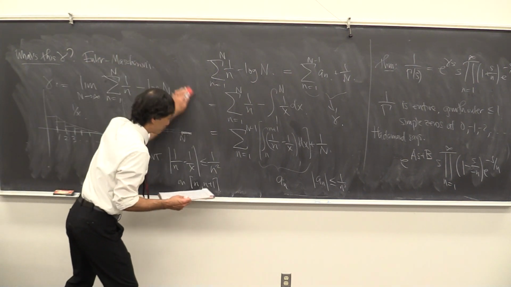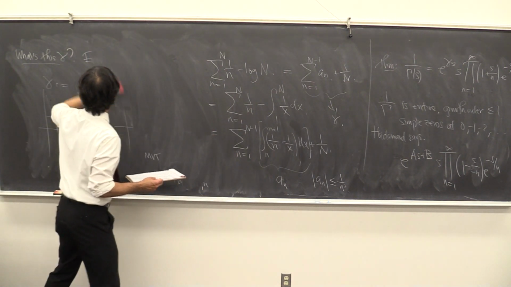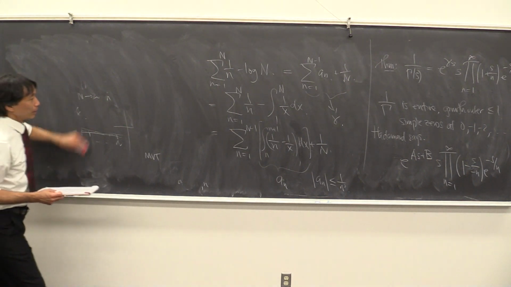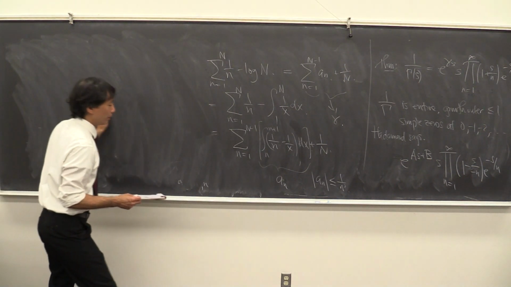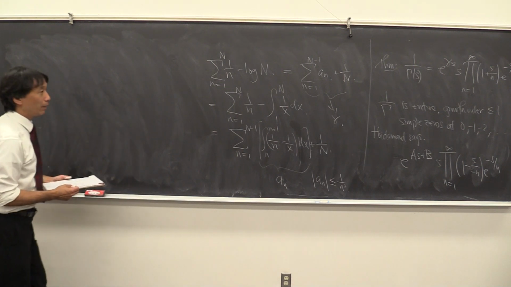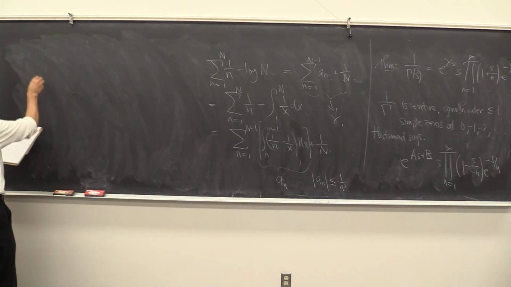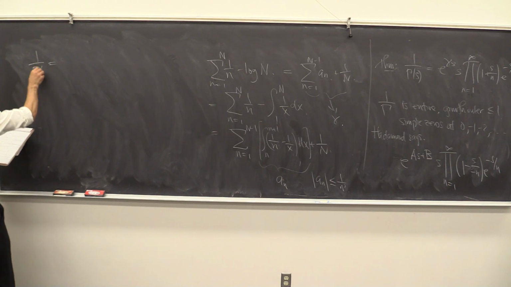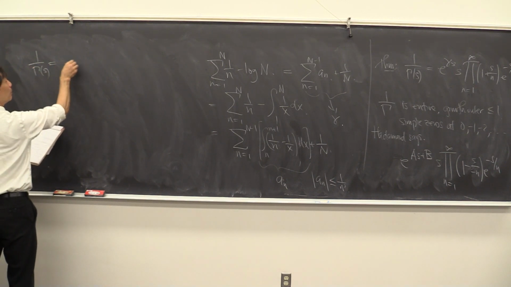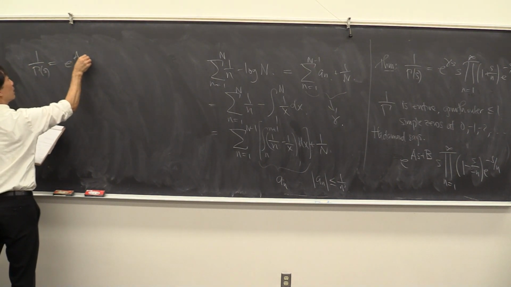Okay, so right now we know that 1 over gamma looks like something like this.